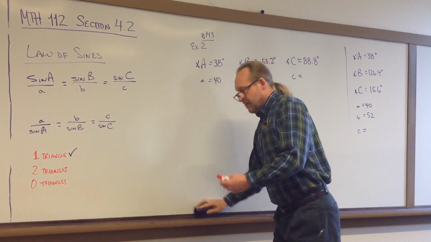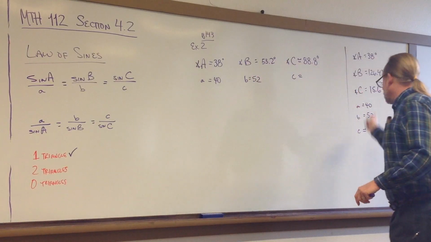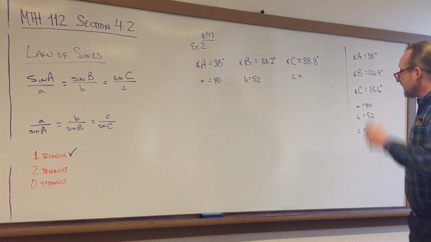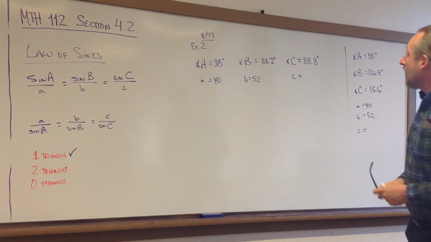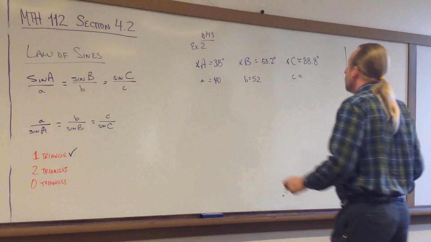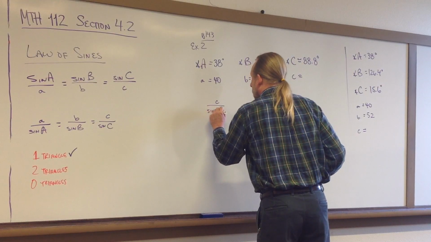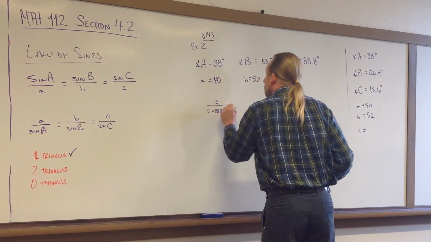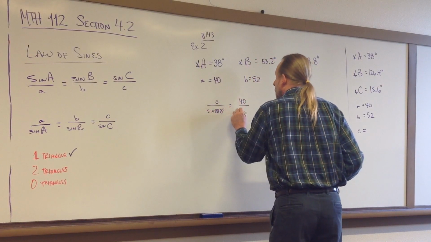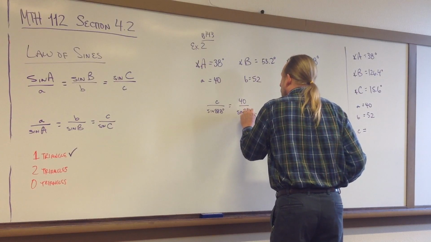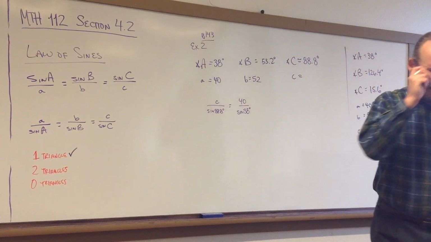so now that we've got all that taken care of, we need to make two calculations for the length of side C. Let's see here. So in this one, we'll say C over the sine of 88.8 degrees equals 40 over the sine of 38 degrees.